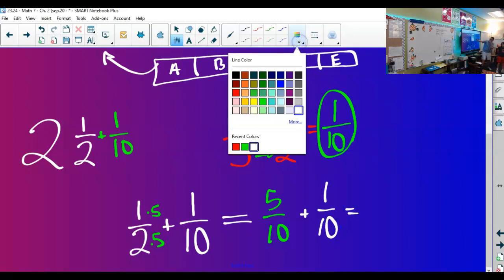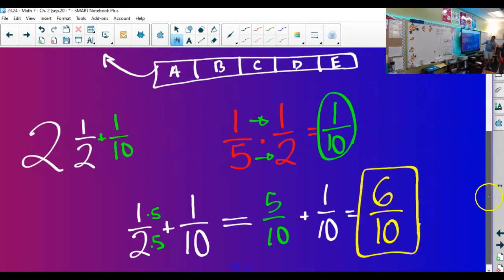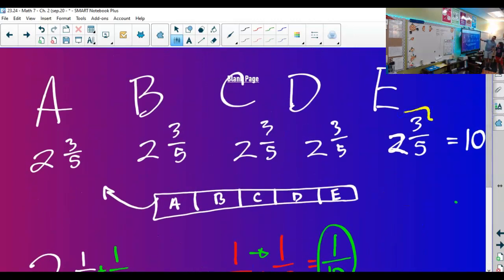So then we end up with 1/5. But you have to multiply that by 5 to divide it, right? So then you have 5 tenths. And what's 5 tenths plus 1? 6 tenths. Is 6/10 the same as 3/5? Yes. This is easier.